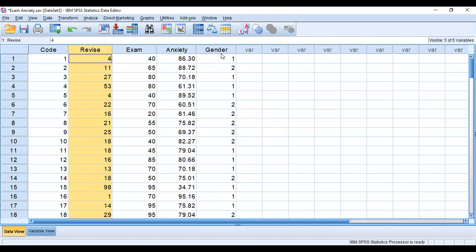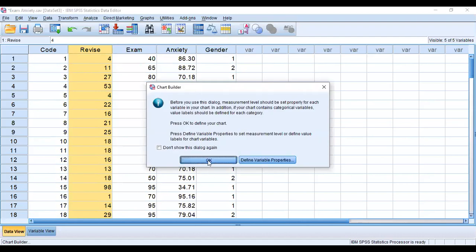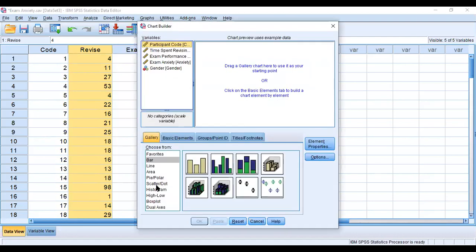So how will we draw the graph? How will we create the scatter diagram for the two variables? So I am creating the graphs. I am going to Graphs and Chart Builder, and then after Chart Builder, okay, I will select Scatter.